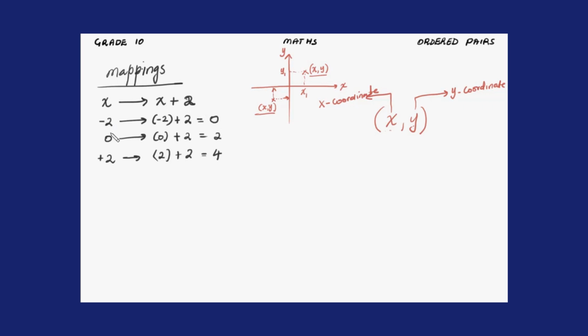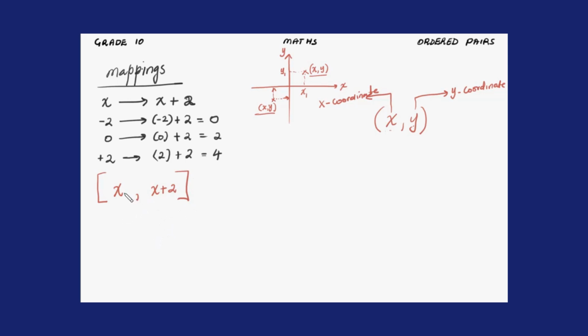Okay? This 2 corresponds to this positive 2 here. All right? Now, we can generally say we had x, comma, x plus 2. All right? We can generally say we had this.